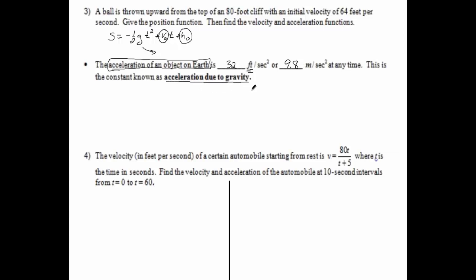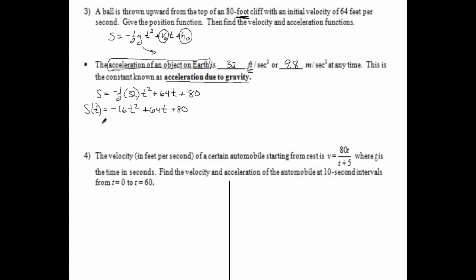So knowing these pieces, we can plug in to create our position function, which is s equals negative 1/2 times 32, since we're dealing with feet, t squared, plus the initial velocity, 64 feet per second, times t, plus its initial height, which is 80, which simplifies to negative 16t squared plus 64t plus 80. And that is our position function.